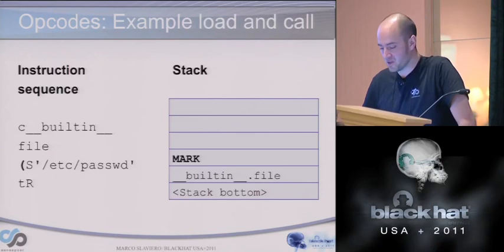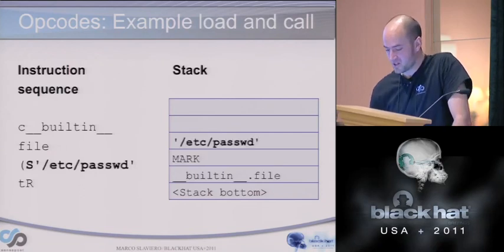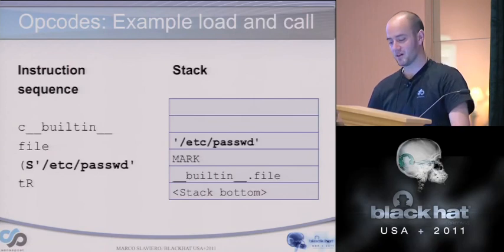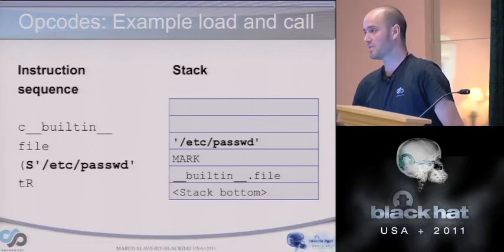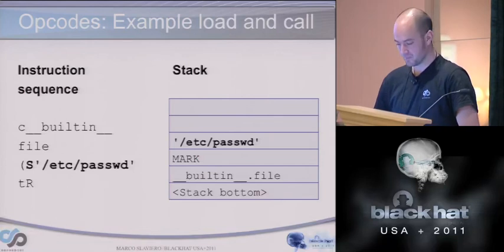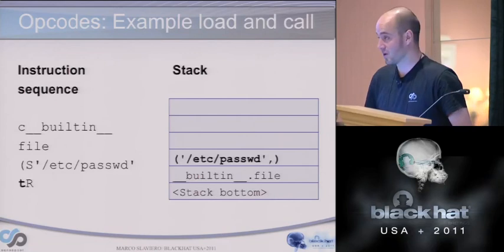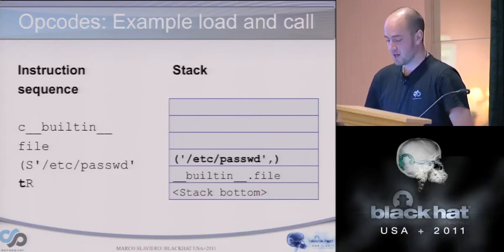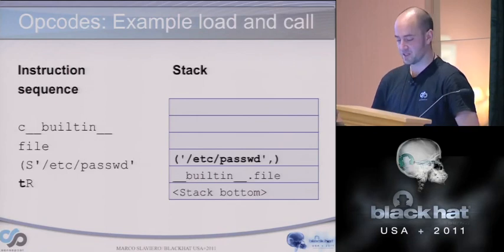The second instruction loads a mark onto the stack. Third instruction loads a string onto the stack. And you'll see the fourth instruction is a T. If you remember what T does, pop everything off to the mark, load a tuple. So now we have a tuple sitting on the stack. Below that is a callable, and below that is the rest of the stack. Now the final instruction that we have is reduce.